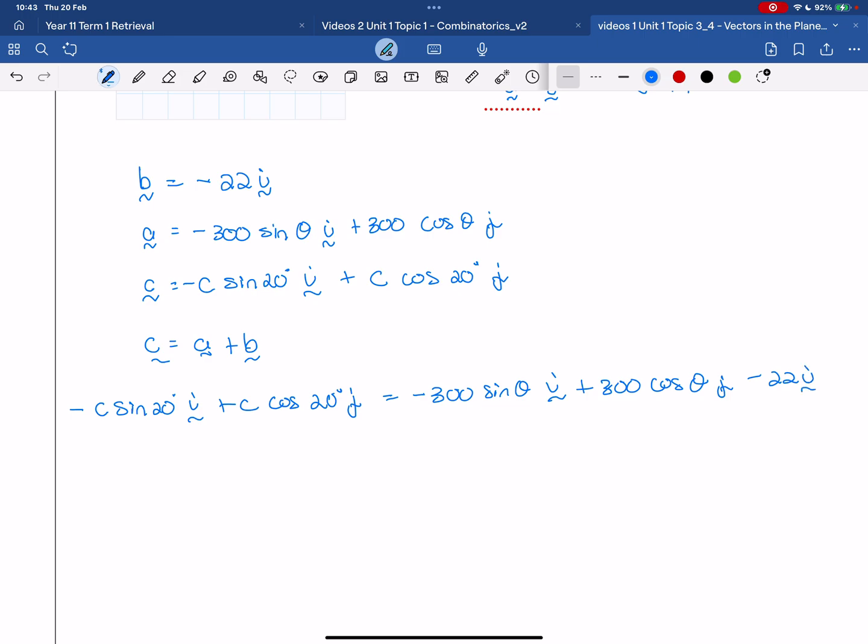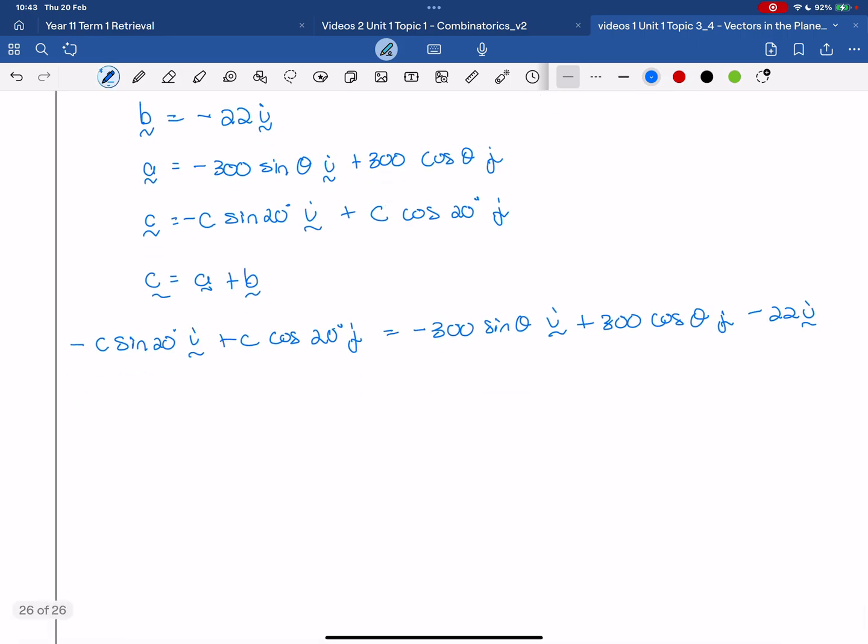All right, let's equate our i and j components. We can collect them. So that's minus C sine of 20 i plus C cos of 20 j. And I can collect these, negative 300 sine of theta minus 22 i plus 300 cos of theta j.